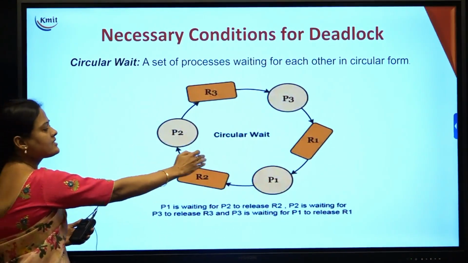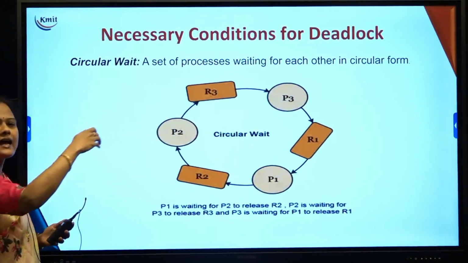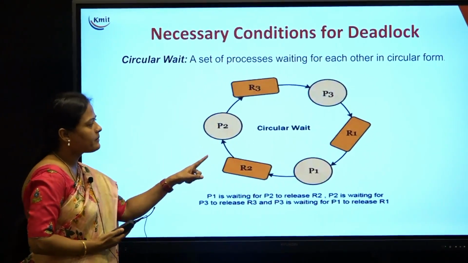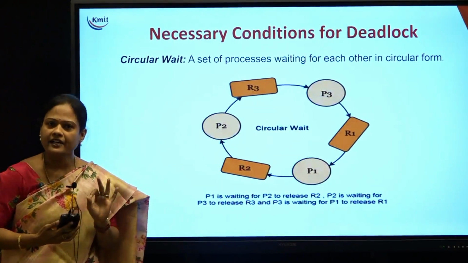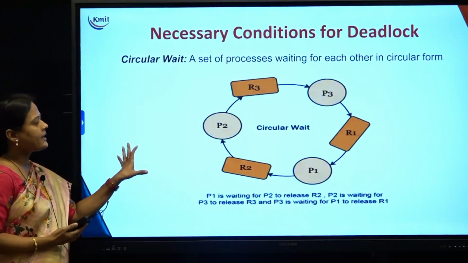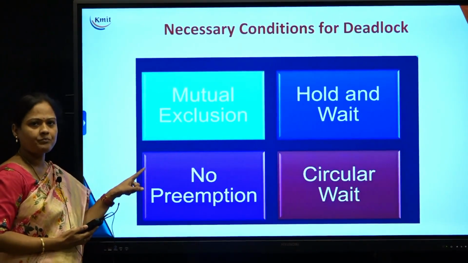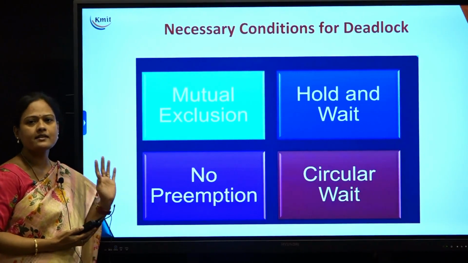So the first process is waiting for the second, the second is waiting for the third, and the third in turn waits for the first process. Since all of them are waiting for each other, this is circular wait. And for a deadlock to occur, it is compulsory that all four conditions exist: mutual exclusion, hold and wait, no preemption, and circular wait.